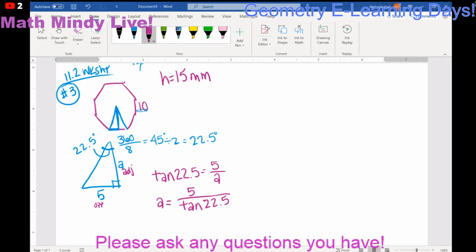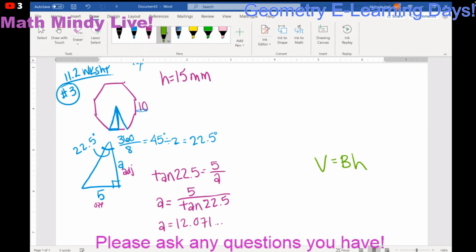When we do that on the calculator, that gives you approximately 12.071.